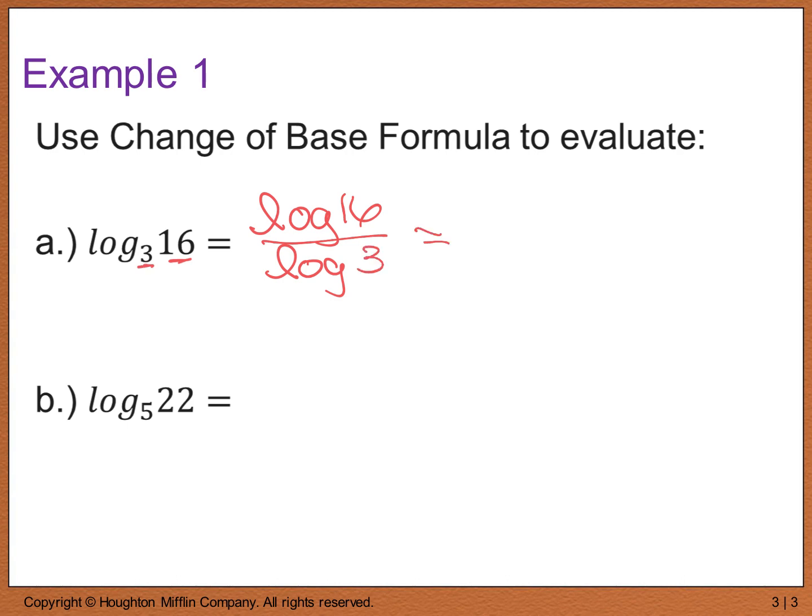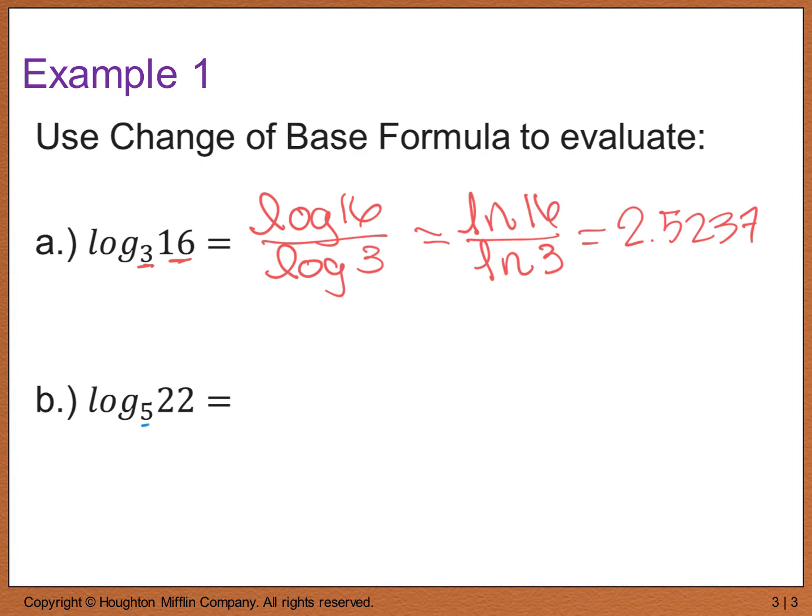Now, if you don't want to do a log, you can do the natural log of the tall and divide that by the natural log of the small. If you type that in, you'll see that you end up with 2.5237-ish.